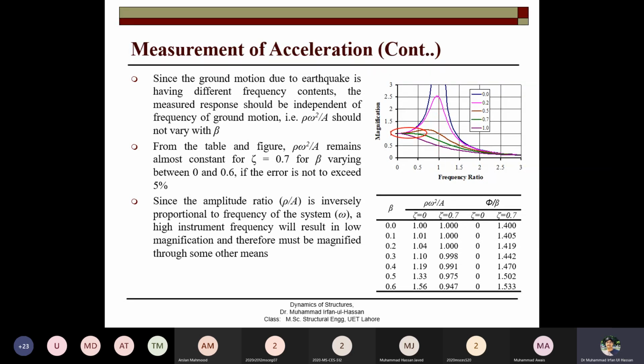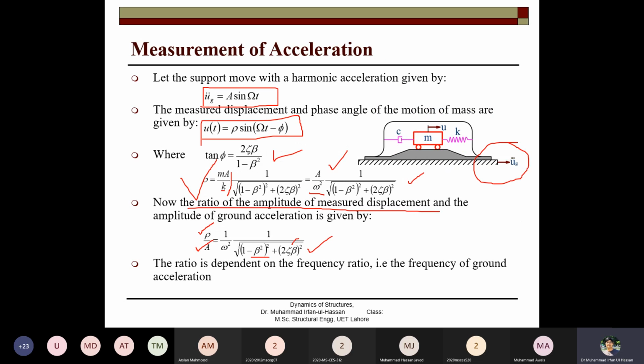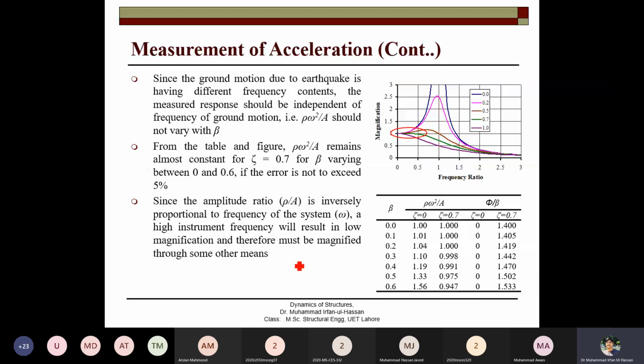At the moment you see that the ground motion frequency is playing an important role here, but it is varying for earthquake. So rho omega square over a, that you studied in this expression, is dependent upon beta. But it should not vary with beta, because if beta varies too much, variation is there.